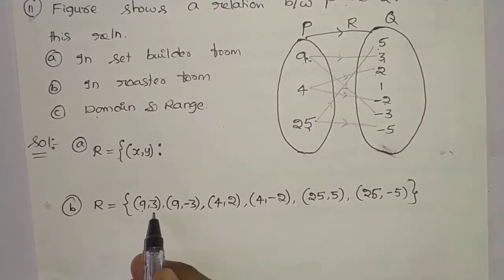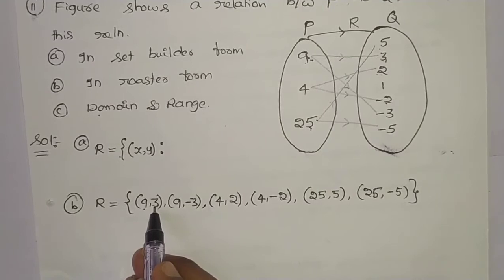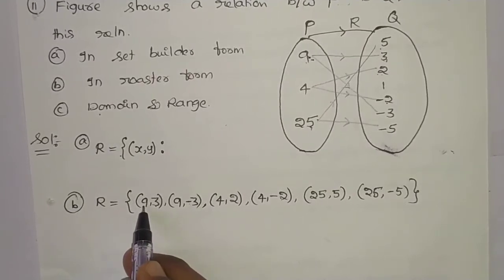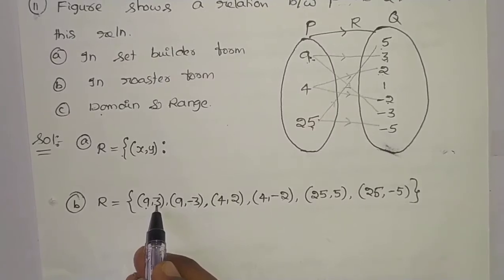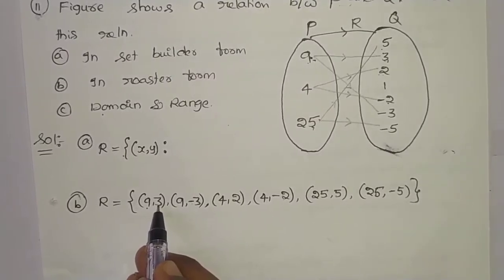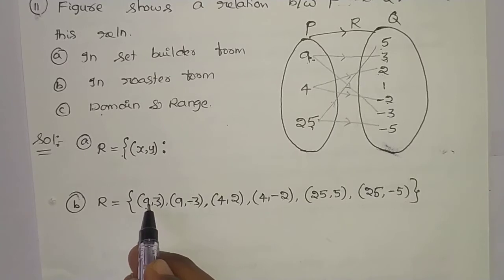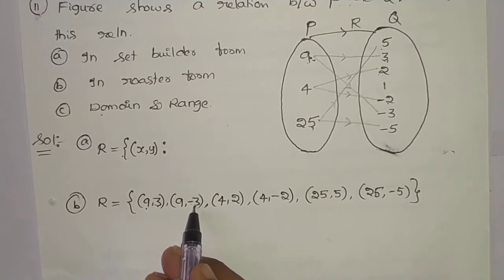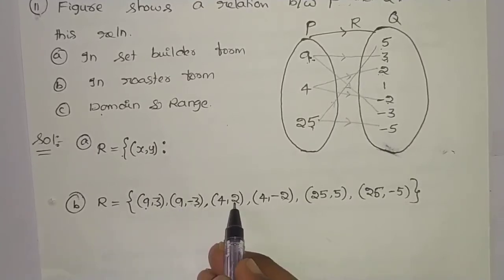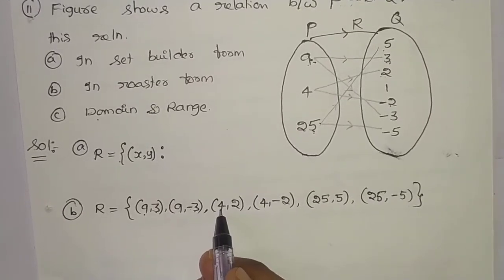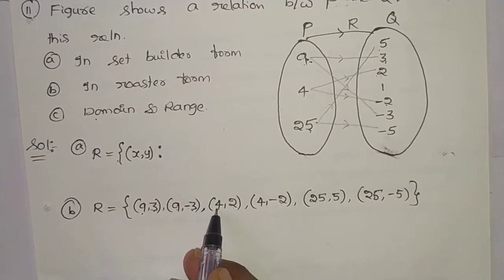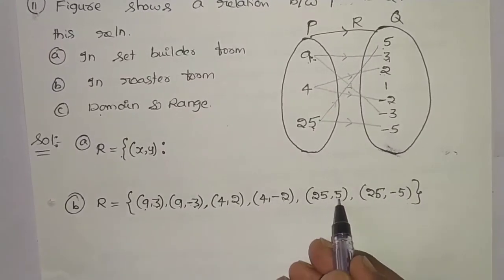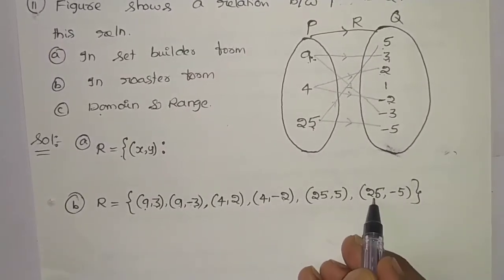Are you getting? The square of the second element is the first element, isn't it?